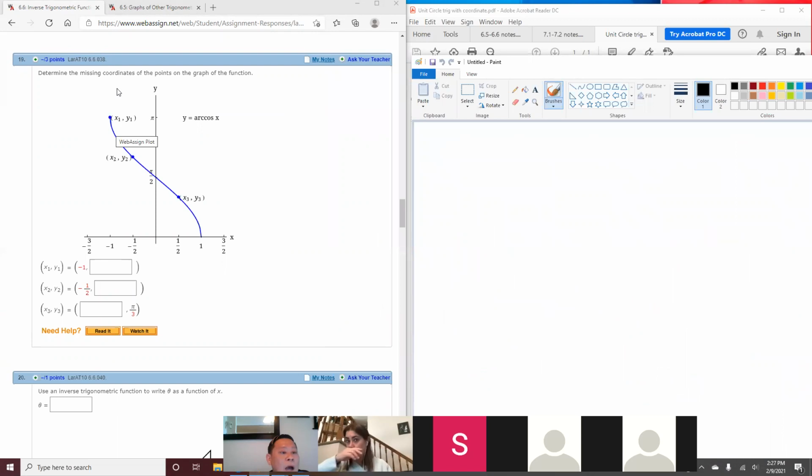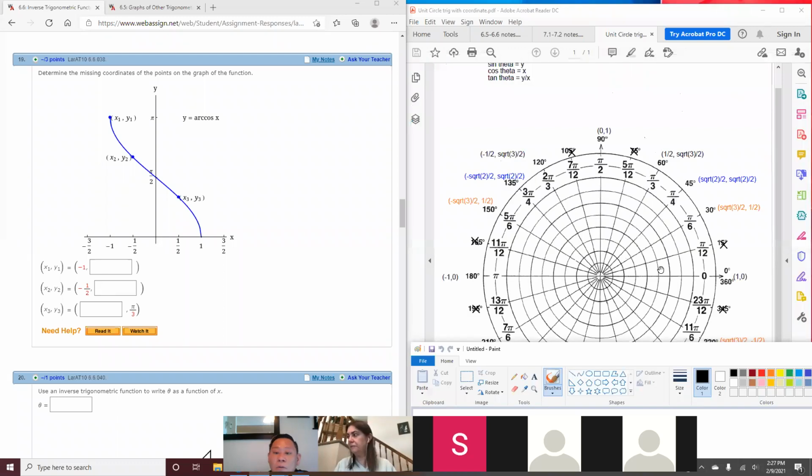In order to do this, you have to do the opposite. So at -1, what is this value? Again, we will need a unit circle approach here. Do not forget that when you do the arc cosine, all your XY coordinates are switched around.